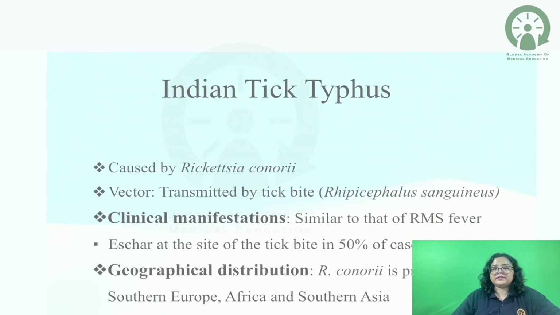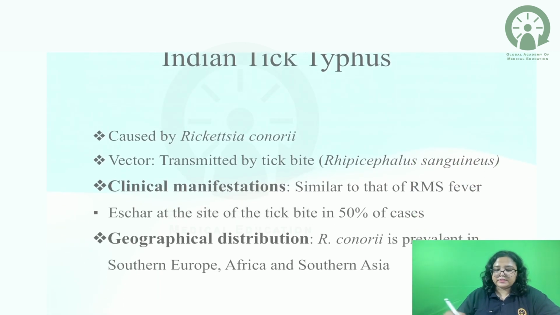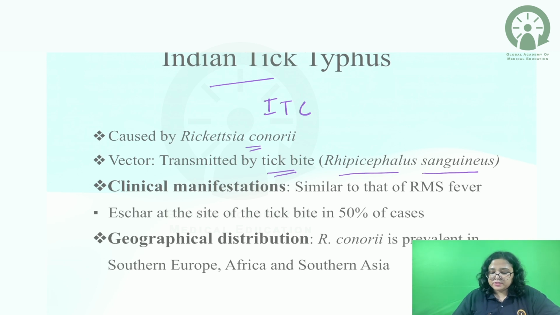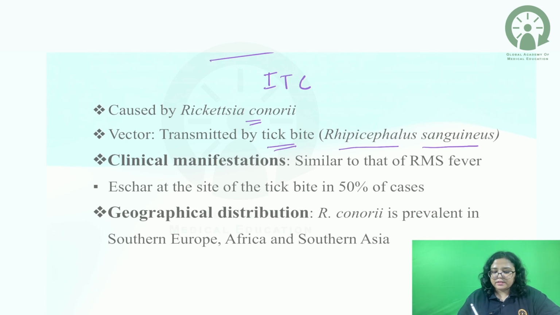Coming to the Indian scenario, we have Indian tick typhus. Here I am repeating the mnemonic we used: ITC, from Indian tick and conorii. Indian tick typhus is caused by Rickettsia conorii. It is transmitted by a tick bite, Rhipicephalus sanguineus. Clinical manifestation: we have an eschar that occurs at the site of the tick bite.